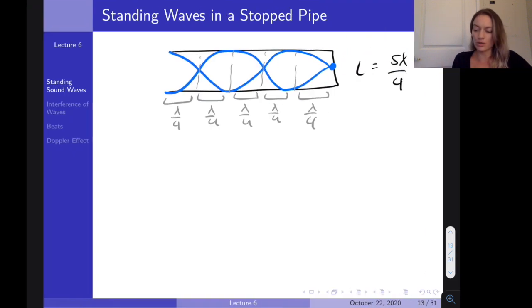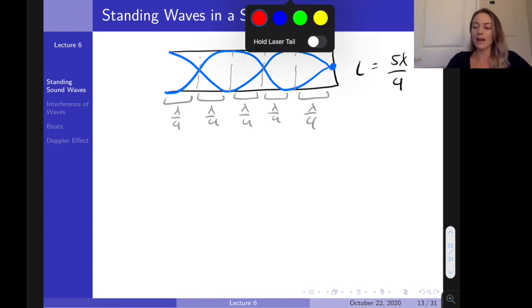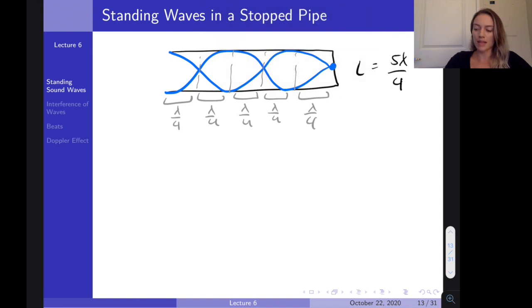We weren't able to draw 2 quarter wavelengths because that would just be half a wavelength. And if we had only half a wavelength, that would put us at a node again, right? Half a wavelength goes from, let's say, here to here, and we know that we want an antinode at the end. So for our closed pipe, having a node at one end and an antinode at the other end means that we can't fit half wavelengths.